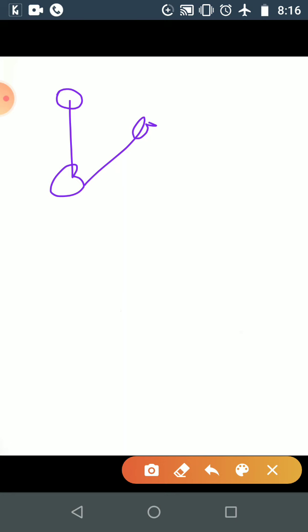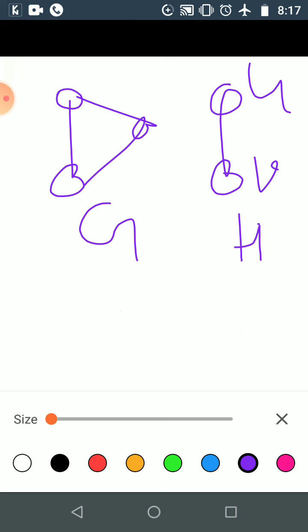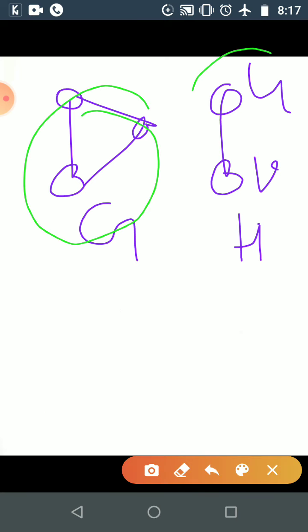Now consider C3. You can consider C3 with K2. Take the complicated part as G, and this is H. So here U and V. What is the GU copy? Place a copy of G in place of this one, and a copy of G in place of V. So at each vertex just place a copy of G. One copy.